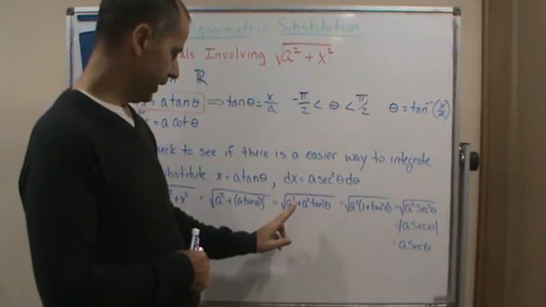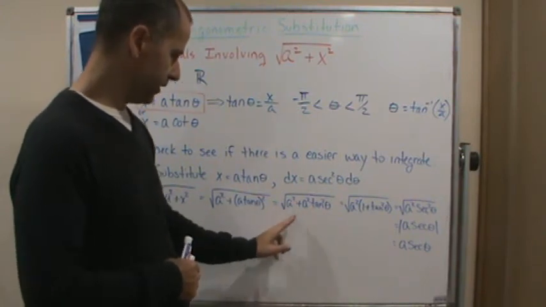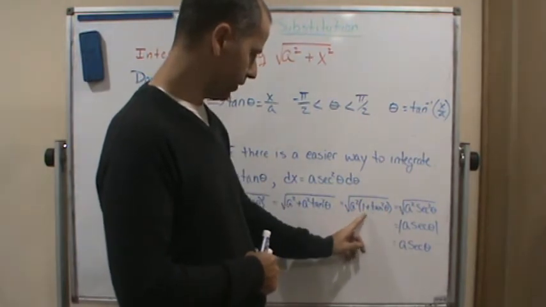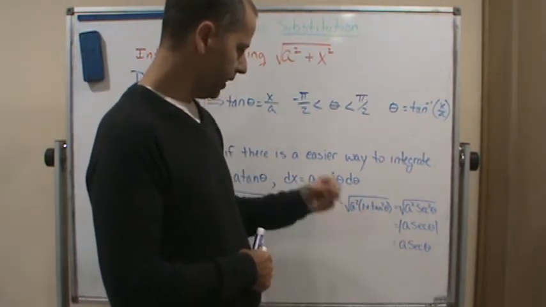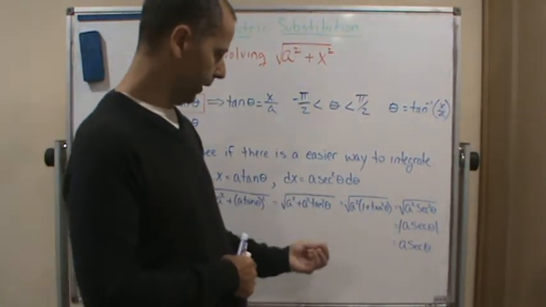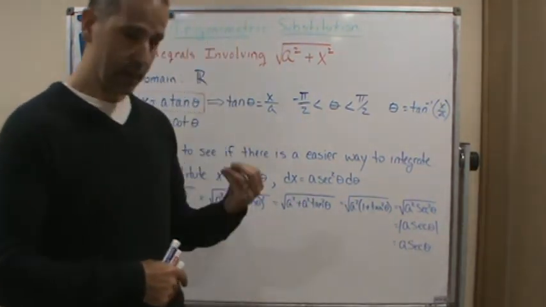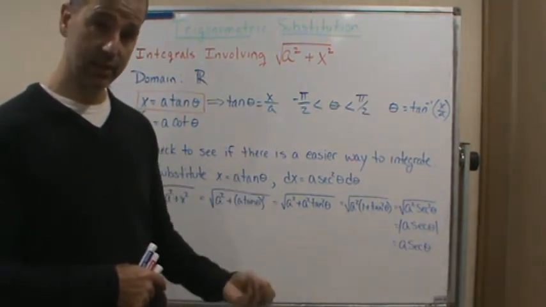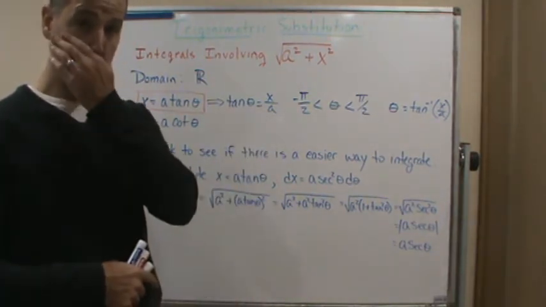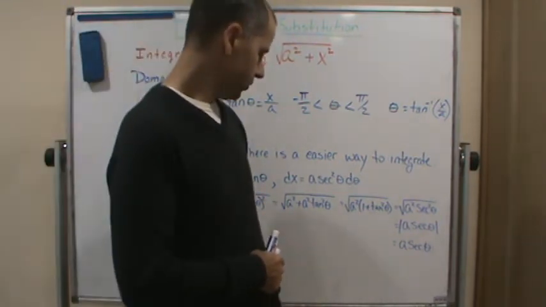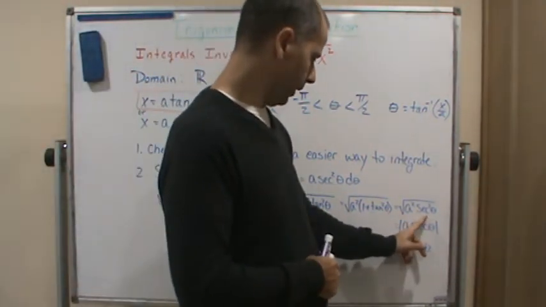You factor out the a squared, and here's where the identity comes in. There's another identity: secant squared minus tangent squared equals 1, or tangent squared plus 1 equals secant squared.